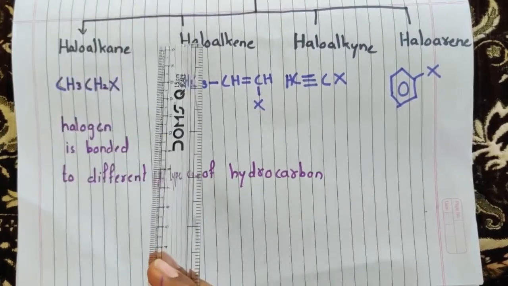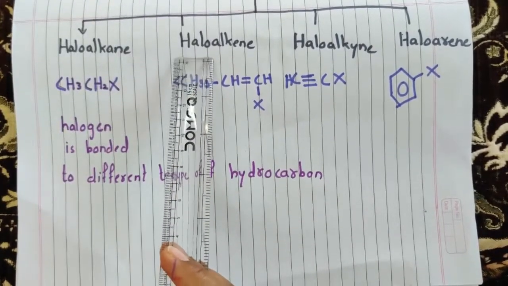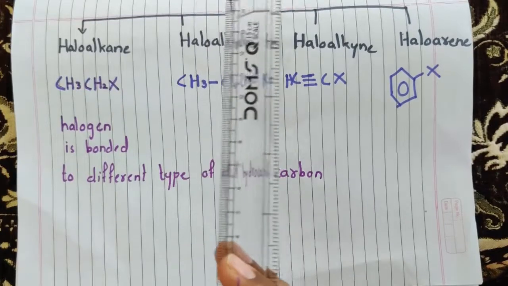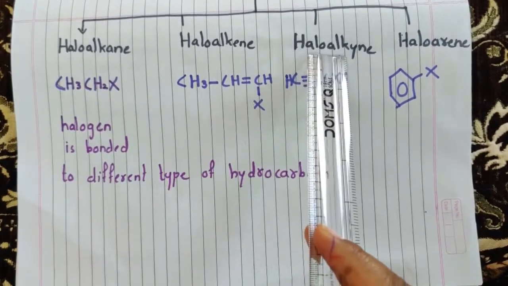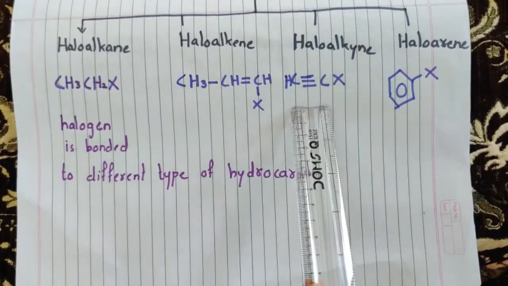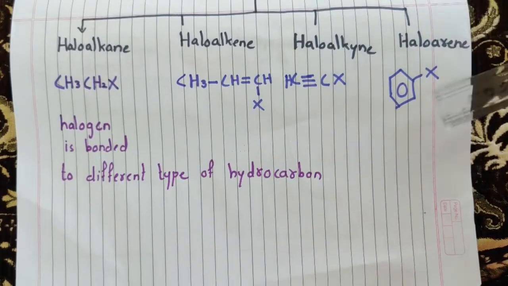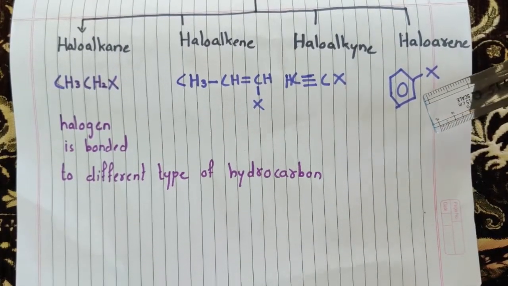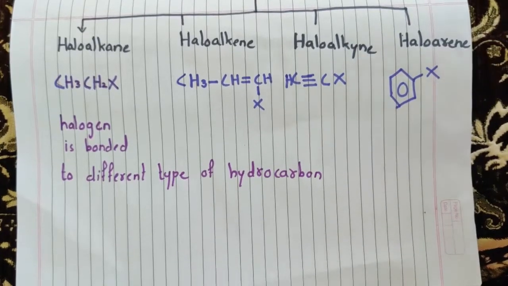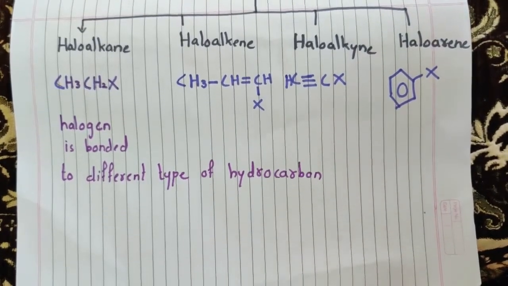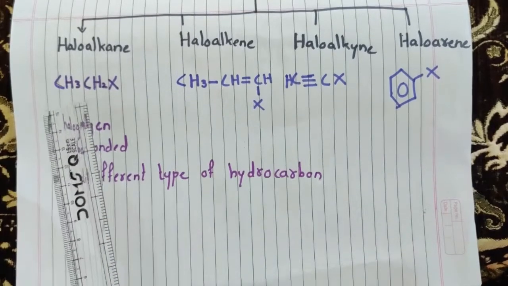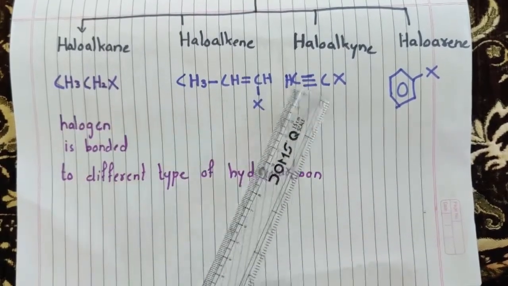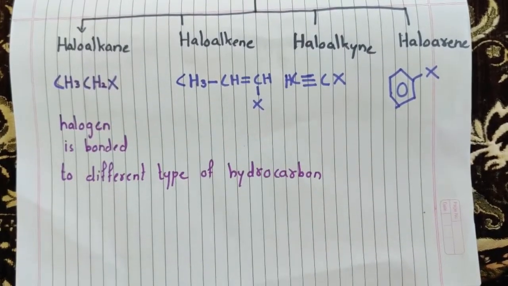If you do that to an alkene chain, you will get a haloalkene. If you do the substitution of halogen to an alkyne, you will get haloalkyne. And if you do it to the aromatic ring, that is to a benzene, you will get haloarenes. Here halogen is bonded to different hydrocarbon chains. You can see one example of each is given in the picture.